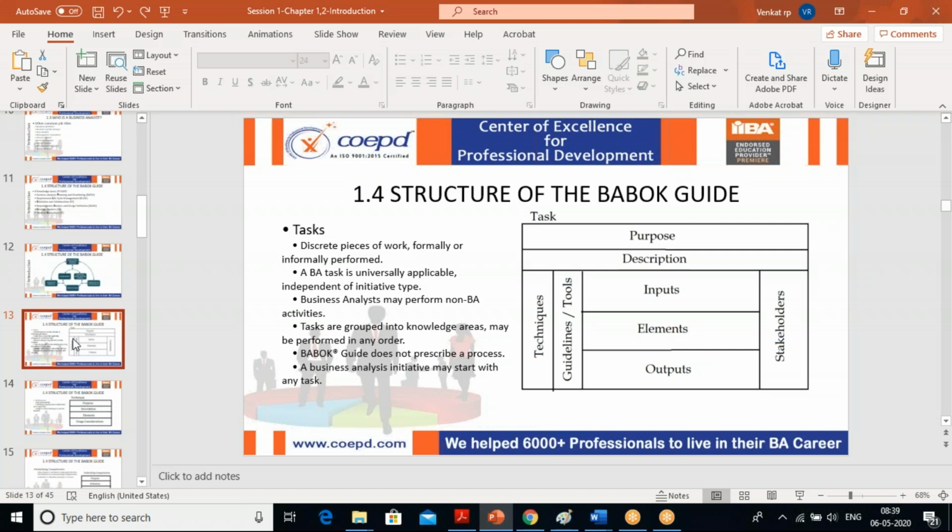A group of tasks, we can term it as a knowledge area, right? So these knowledge areas are made up of tasks. So let us try to understand what is a task first. A task we can consider as a discrete piece of work, formally or informally performed.